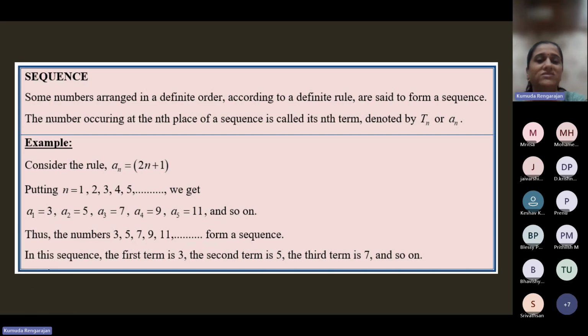So the condition to be satisfied by the sequence is that the difference between any term and its preceding term should be a fixed value, a constant. If this condition is satisfied, then the sequence is called an arithmetic progression.